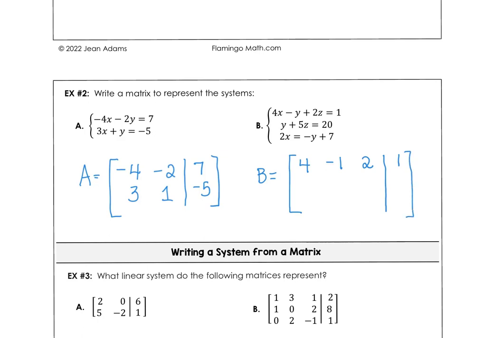In row 2, we have nothing for X, so we need a placeholder, 1 for Y, 5 for Z, and 20. In row 3, we have 2 for X, but we need to add 1 Y to the left, so we have 1 for Y. There is no Z constant, and 7 is our constant in the far column, in the fourth column.